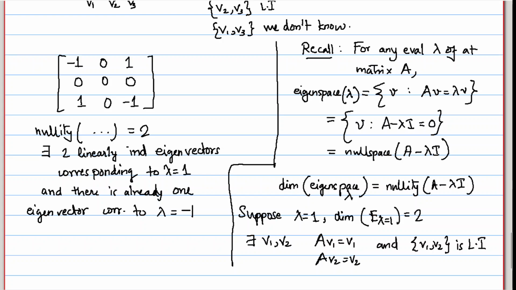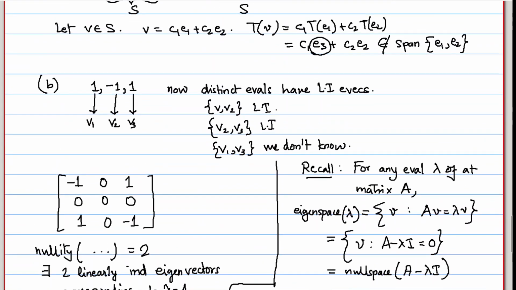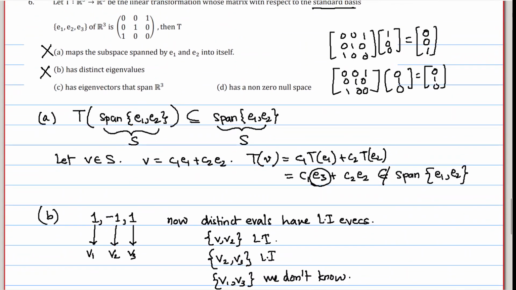So how many eigenvectors do we have? We have three linearly independent eigenvectors. So what does that mean? That means the three of them will span R3, right?